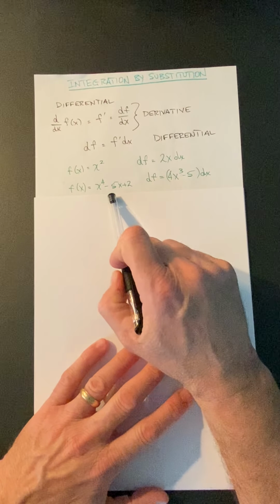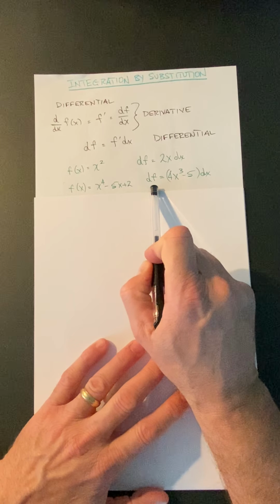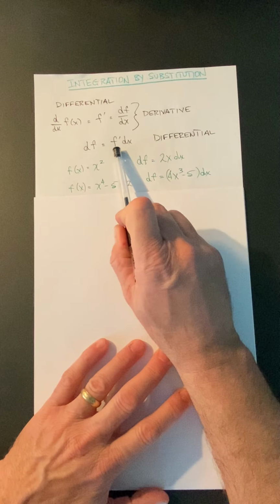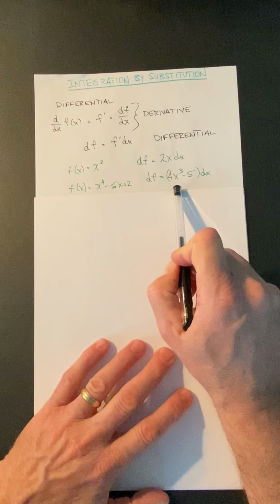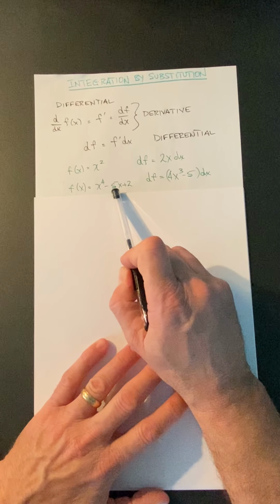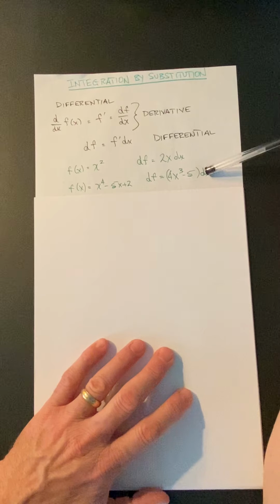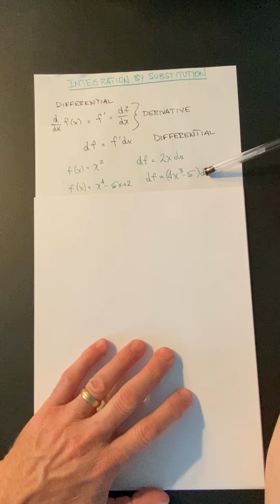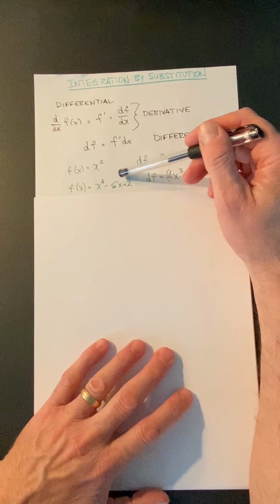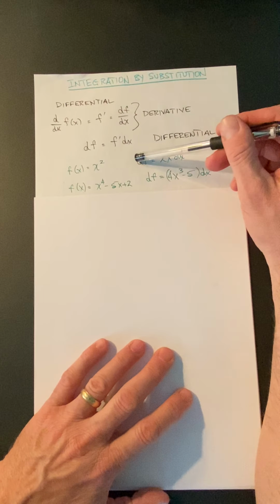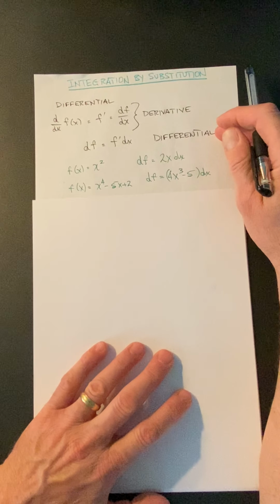What if I had a polynomial that looked like this? df is equal to the derivative of the function, so that's going to be 4x cubed. Derivative of 5 minus 5x is minus 5, all times dx, okay? So I can calculate the differential from a function by saying the differential is the derivative times dx, okay?